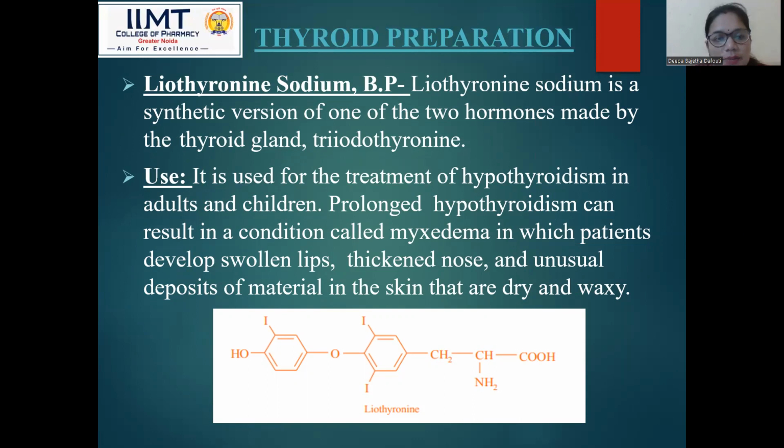Prolonged hypothyroidism can result in a condition called myxedema, in which patients develop swollen lips, thickened nose, and unusual deposits of material in the skin that are dry and waxy. The diagram of the liothyronine drug, in which three iodines are present in the structure.